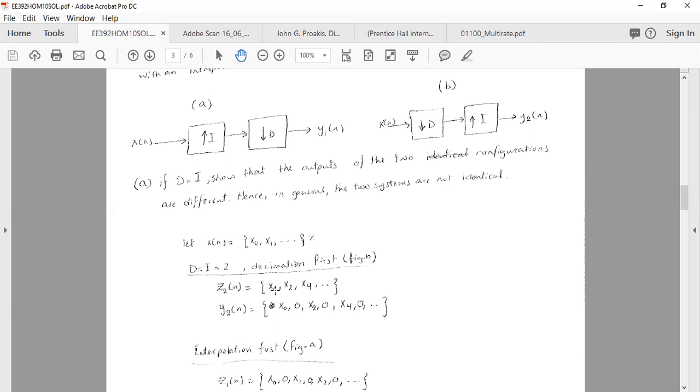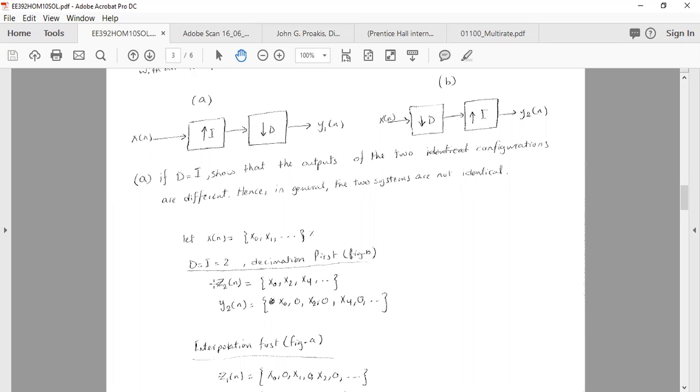If we are decimating first, we write the first sample x0, then remove the second sample. Every second sample is removed when decimating, so we get x0, then x2, the third is removed, then x4, then x6 and so forth. That will be the decimated signal.